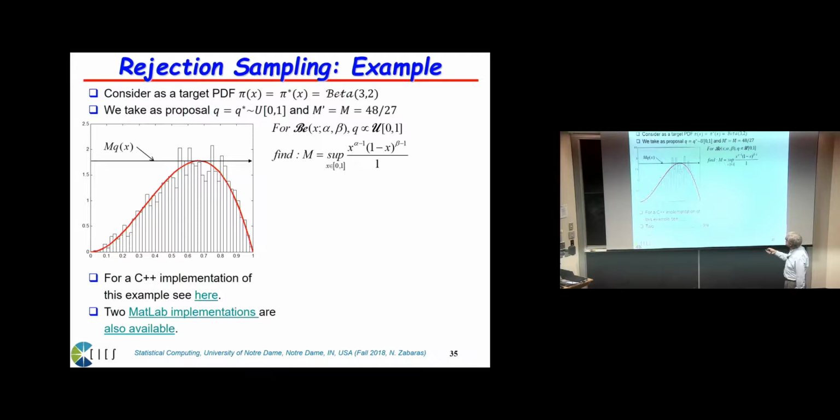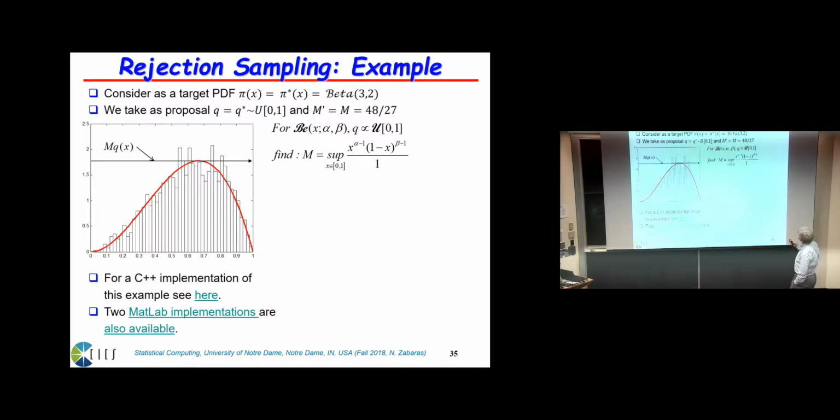So you want basically to compute the supremum, but this uniform distribution is exactly on the mode of the beta distribution. So you can actually take the beta distribution, calculate the maximum with respect to x, find the x that maximizes it, and set this value equal to m. So this value comes to be 48 divided by 27. There's no magic there.